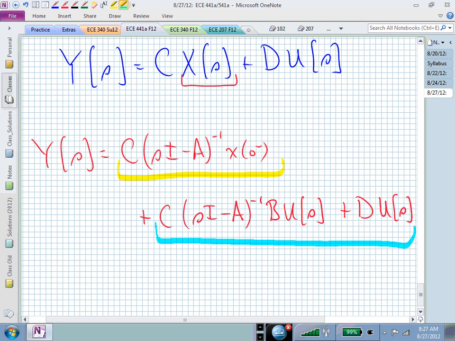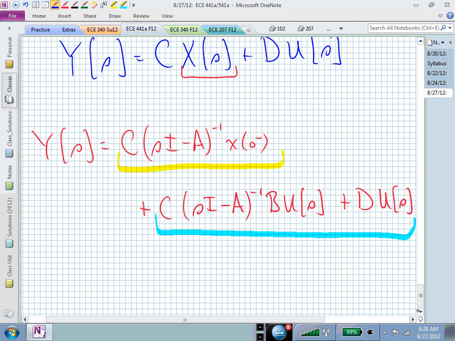So now I can identify the output in terms of two pieces, an initial condition piece and a forced piece. What we want is to look only at the forced piece, since we're going to neglect initial conditions, and we just want to know what's the transfer function between the input u and the output y. Meaning for now, to get that transfer function, we will neglect the initial condition piece.